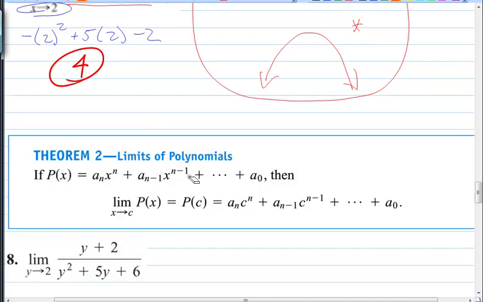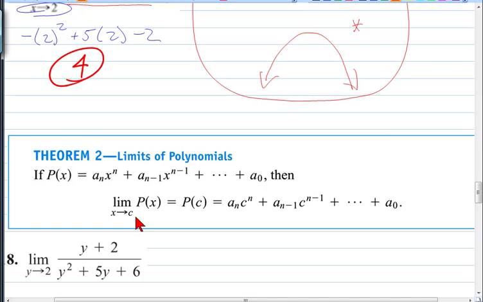The limit of a polynomial, and a polynomial is where you have a constant times x raised to an integer power plus another constant times x raised to a decreased power all the way down to your constant term. That limit is going to be equal to the polynomial evaluated at whatever point this x is approaching.